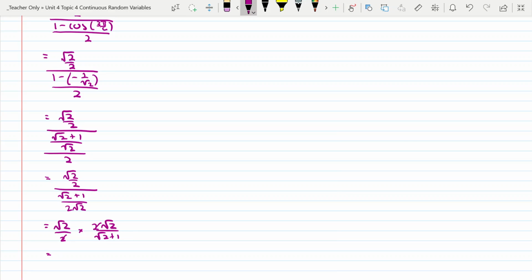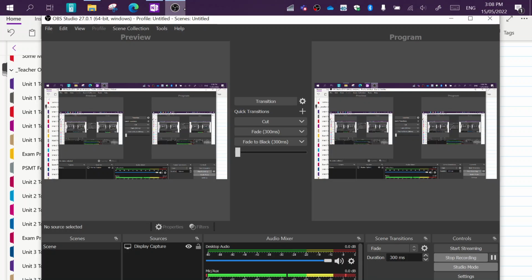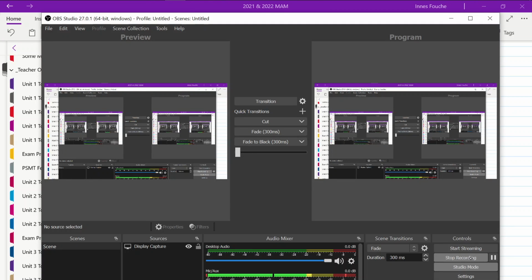And that's going to be 2 over root 2 plus 1. And we're going to use our conjugate, so root 2 minus 1. And that gives me 2 root 2 minus 2. Okay, that was quite a mouthful, but I think it just gives you a bit more of an example of applications for this.